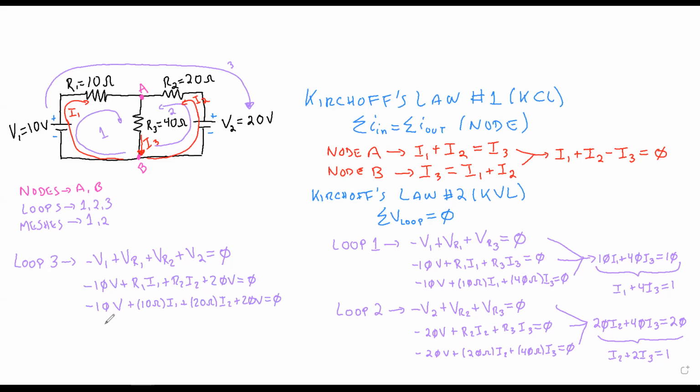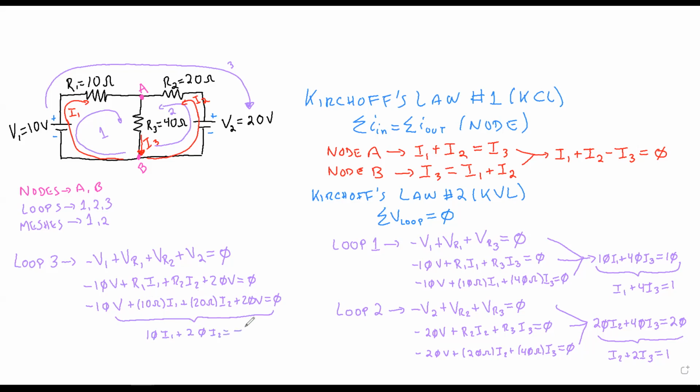This is going to give us minus 10 plus 20, which is 10. I'm going to simplify the equation. Simplified, it gives us 10 I1 plus 20 I2, and 20 minus 10 is 10.